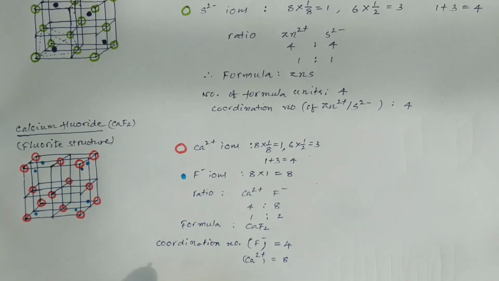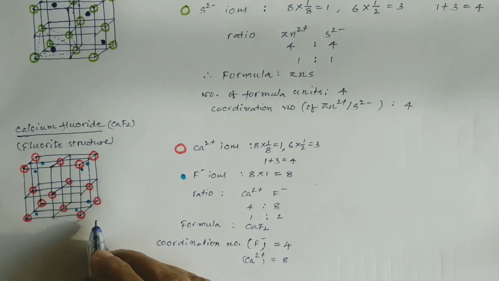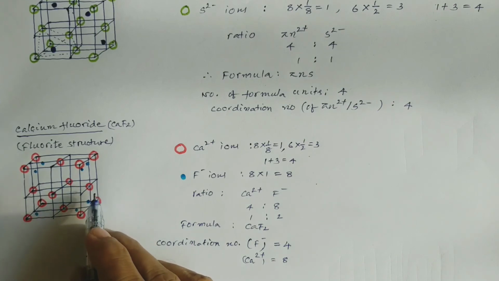So how is it 8? Because calcium ion is present in the corner and there is one tetrahedral void in this unit cell. Whereas here this calcium ion is actually surrounded by 8 unit cells. Okay, 7 other unit cells, along with this, total 8 unit cells will be there.